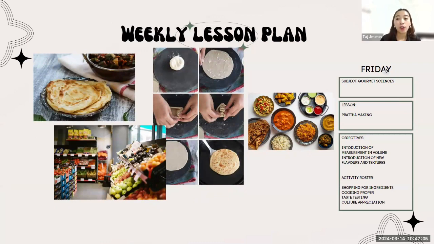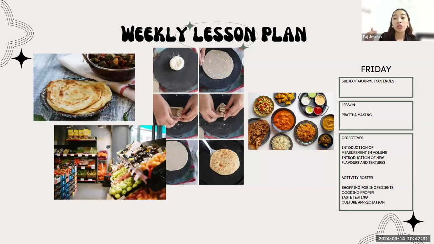For cooking classes, you could even put something that is not natural or not usual in your area. So, for example, in my area, prata is not really usual. We have a lot of Chinese students over here, and they don't usually eat this kind of food.